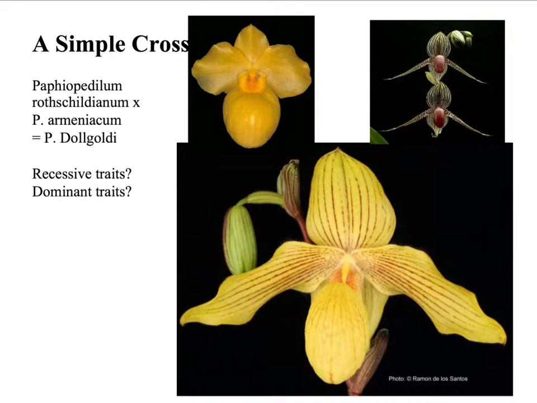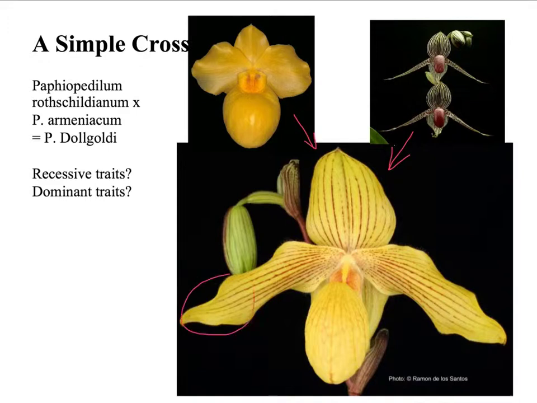If we look at the offspring, I'll see if I can get myself a different colour. Let's go for the red. When we look at the offspring down the bottom, it's a hybrid called Dihybrid, and immediately we can see that some traits from each of the parents are dominant and some are recessive. Clearly the one that is dominant from Armeniacum is the background colour.